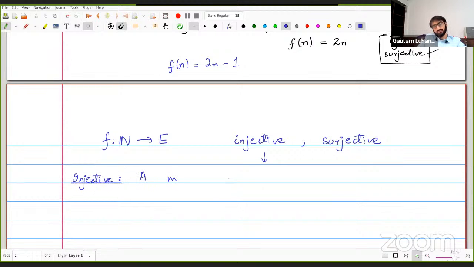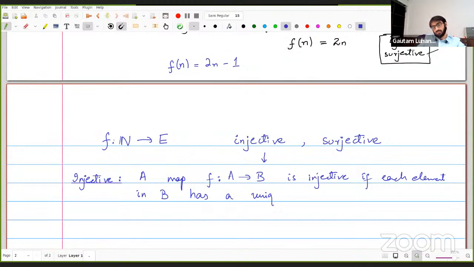A map f from a set A to B is injective if, actually, I'm sorry, that's not how you define it.